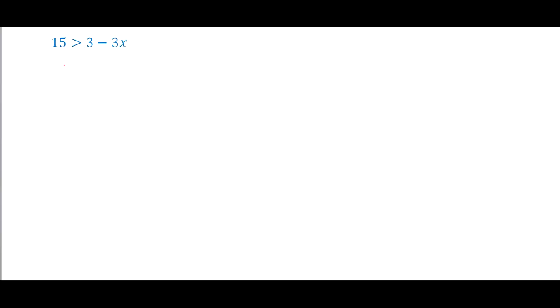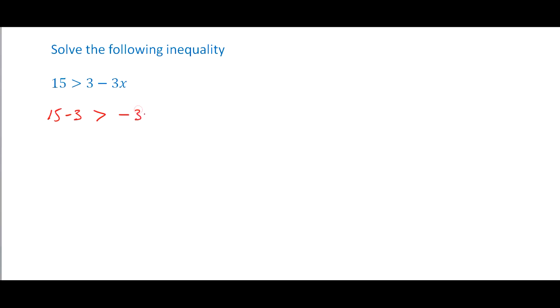In this one, we want to solve for x again. So we can move the 3. So 15 minus 3 is greater than minus 3x. 15 minus 3 is 12. It's greater than minus 3x.